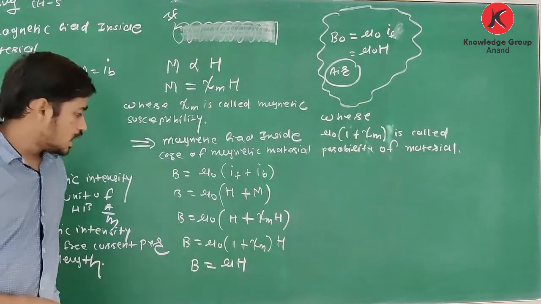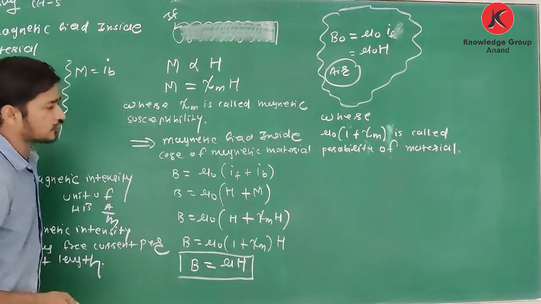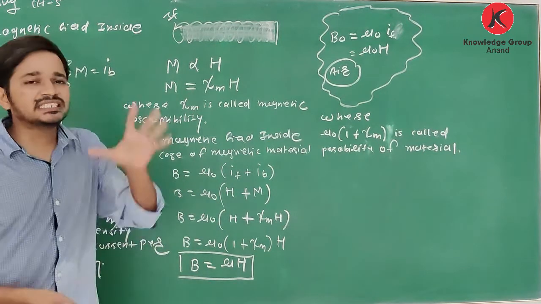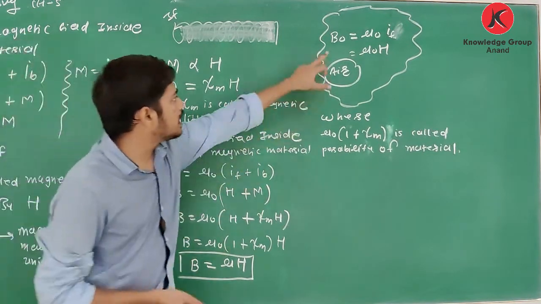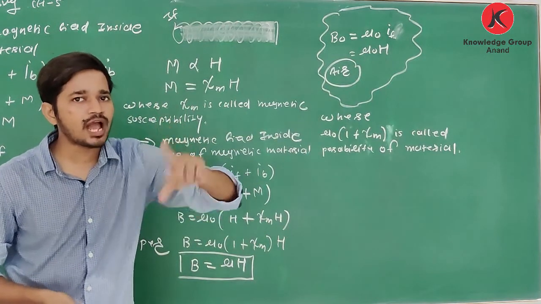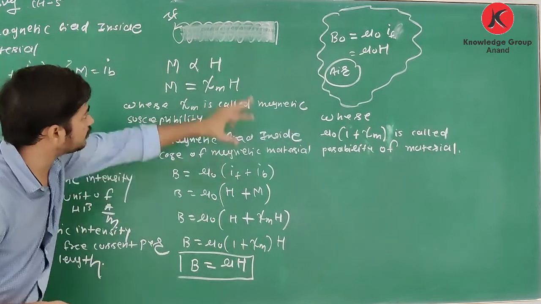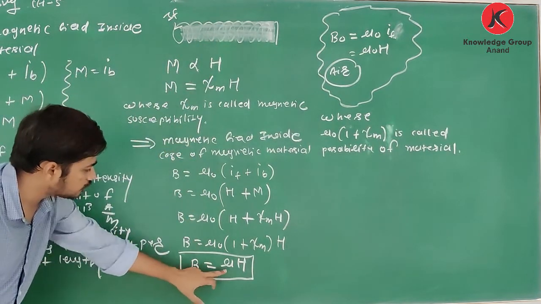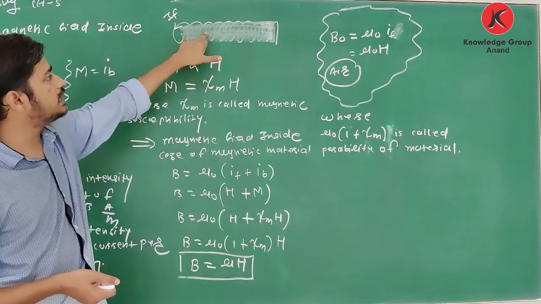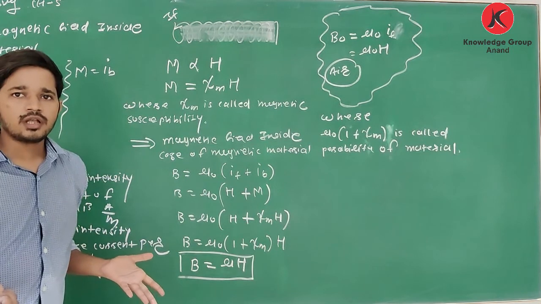Clear about this? So now what is the equation in the medium? Yes, B is equal to mu H. So a very simple conclusion. When inside the solenoid you have air as the medium, B0 is equal to mu 0 H. When air is replaced by another medium, B is equal to mu H, where mu is the permeability of that medium. Simple conclusion. Yes or no?